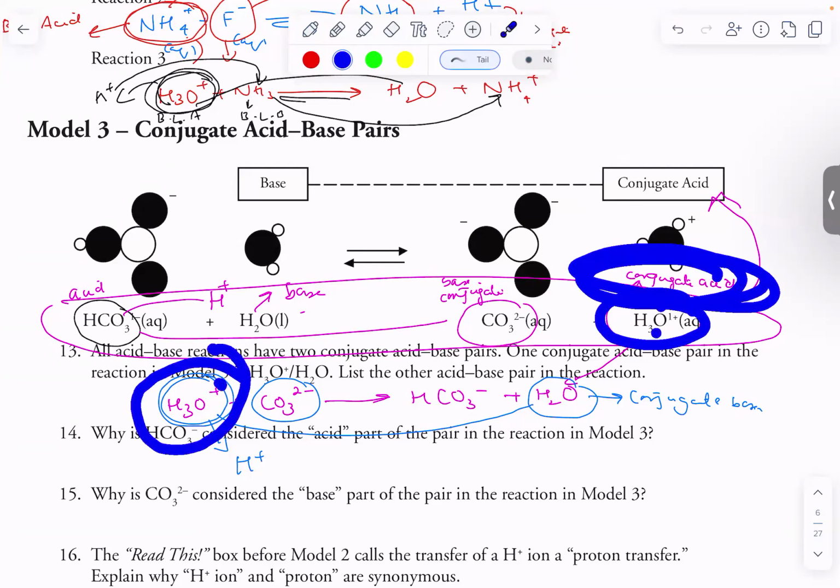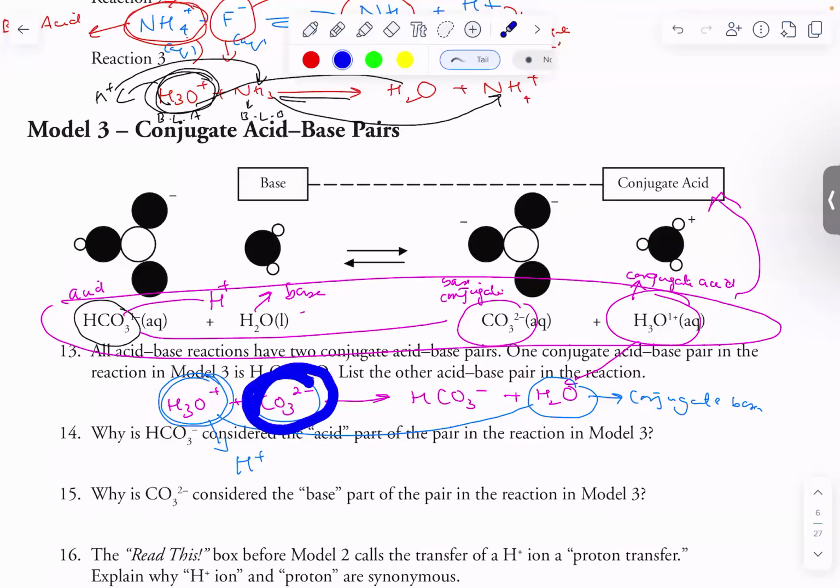Are you getting my point? Yes. And this CO3 2 negative is a base. After accepting a hydrogen ion, it changes into HCO3. So if it's a base, then this is the conjugate acid. Yes or no? Yes.